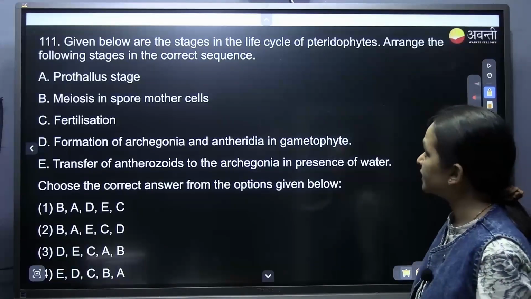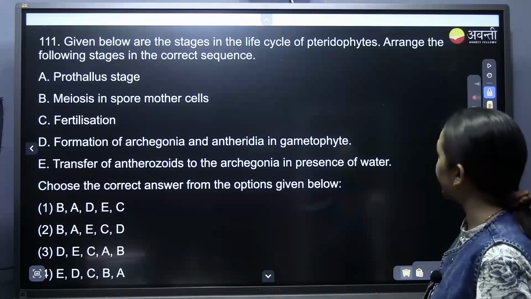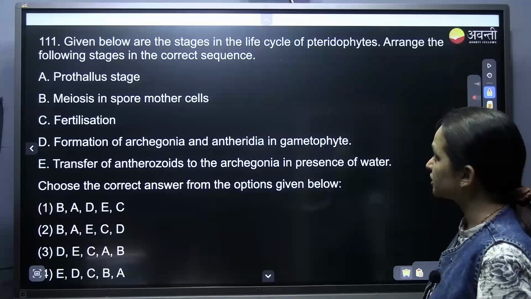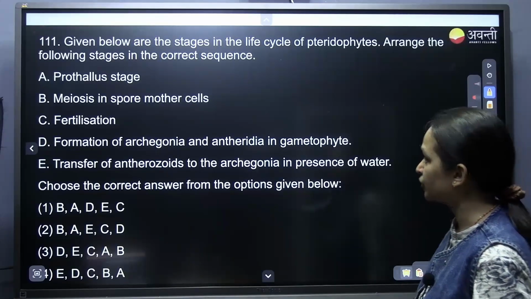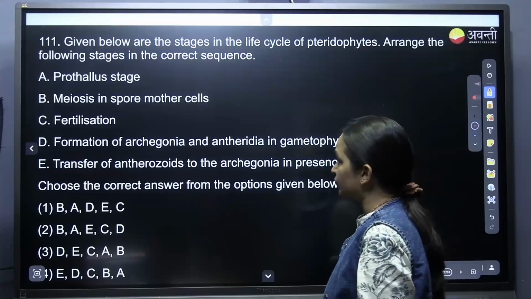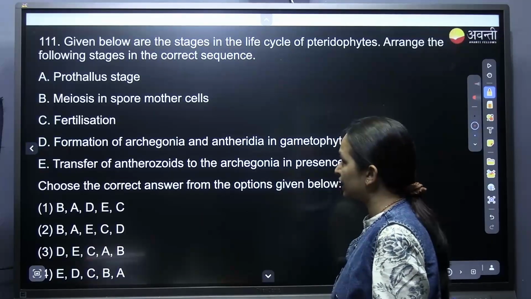Given below are the stages in the life cycle of a pteridophyte. Arrange the following stages in the correct sequence.